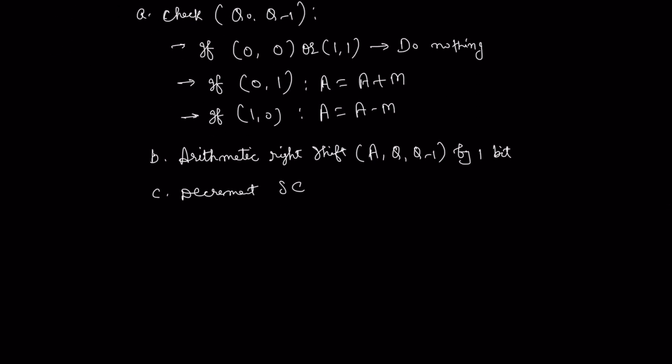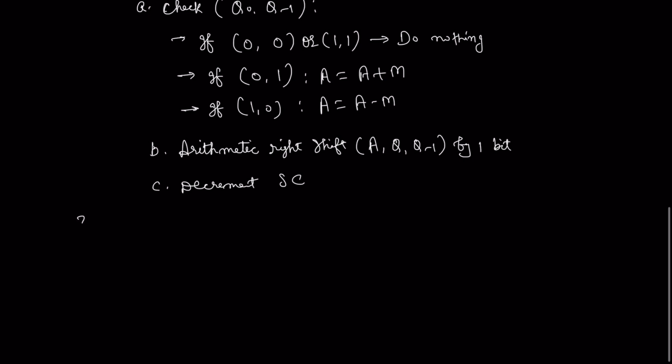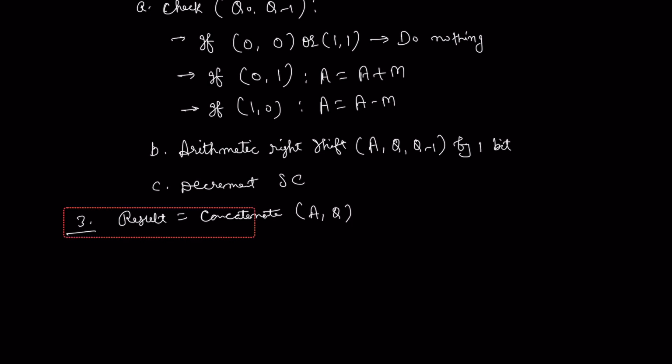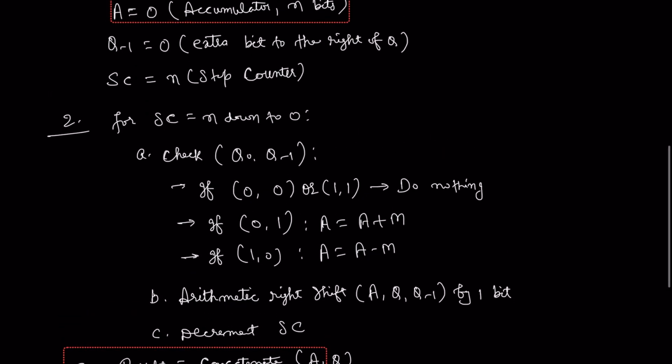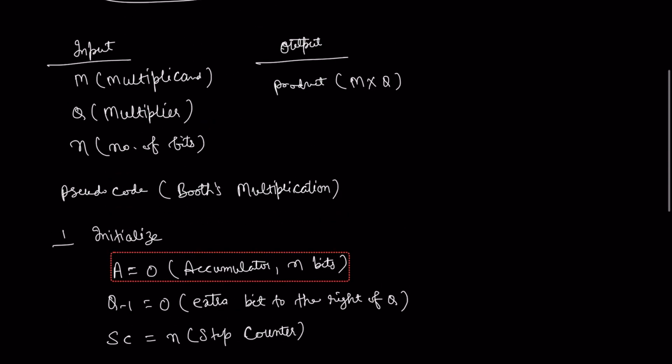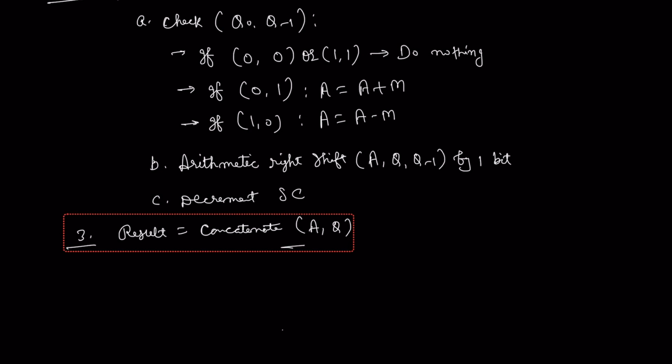My final result will be the concatenation of the value of the accumulator and the value of Q, that is the multiplier. We will change the values of accumulator and Q accordingly.